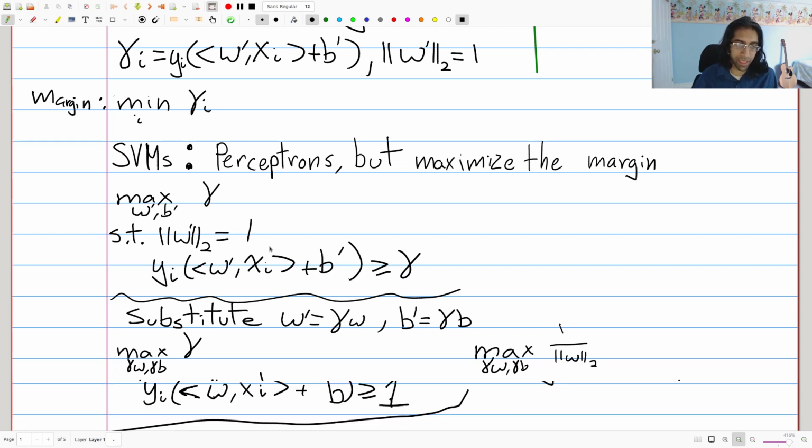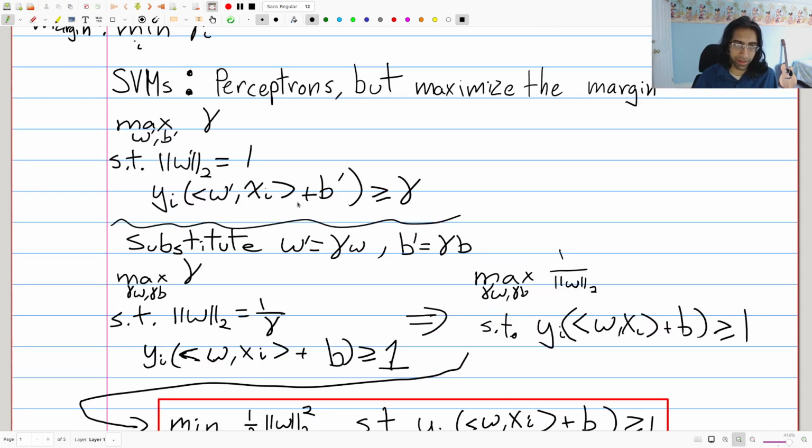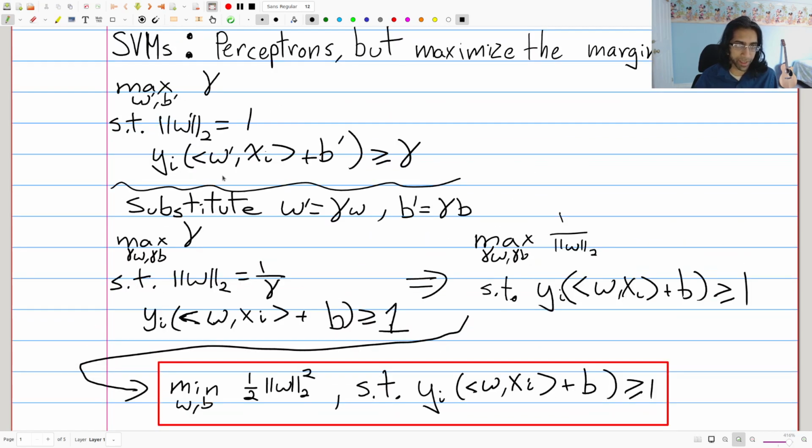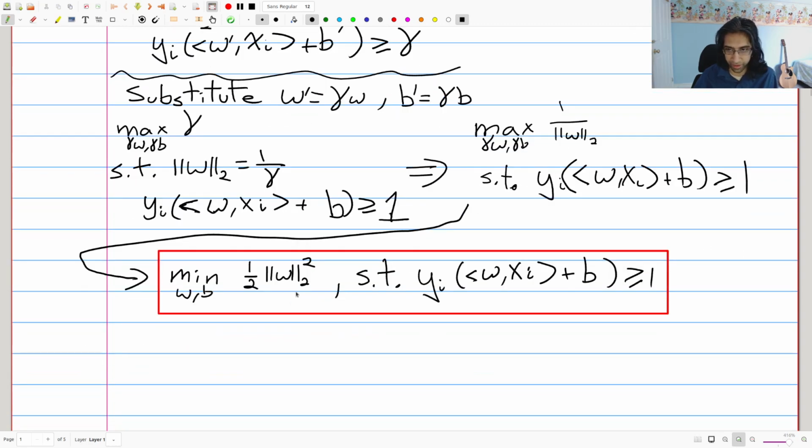But one way of seeing what we did is instead, we're saying, what if we fix gamma to be 1 and instead try to optimize the parameter vector in terms of its magnitude. So that's all we really did. We changed the perspective from keeping the norm of w fixed to keeping gamma fixed and rescaling the parameter vector.